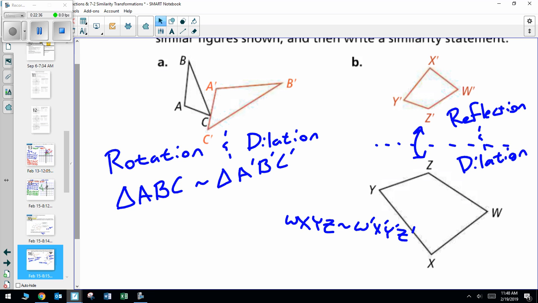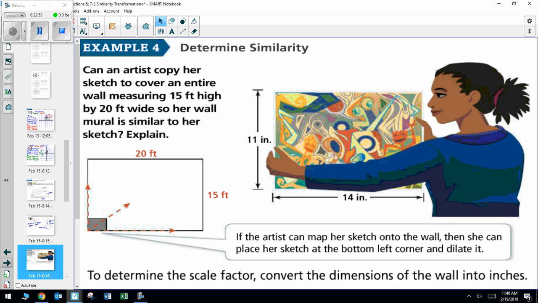And now, if you want to be exact with your transformations, you can't figure that out unless you actually know some side lengths. Then you can figure out what the scale factor is. Okay, questions on this so far? Okay.